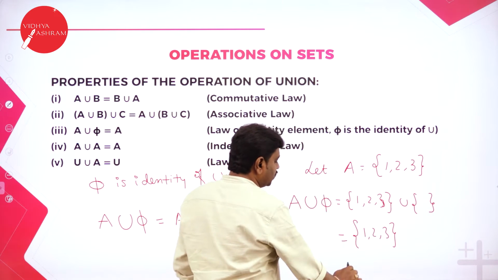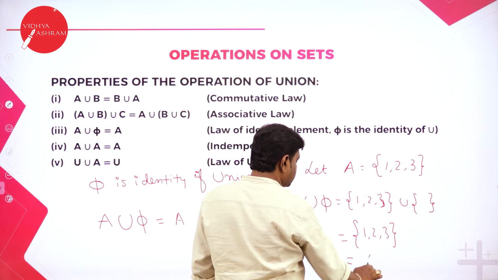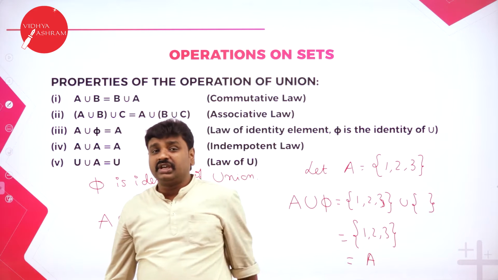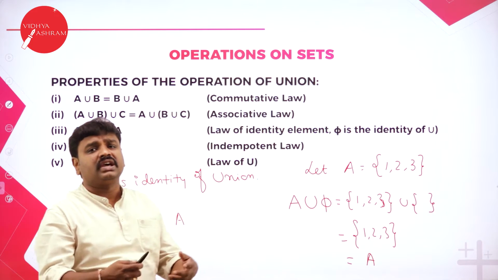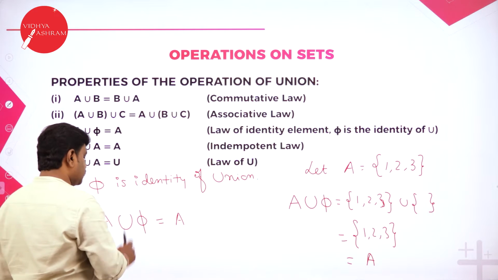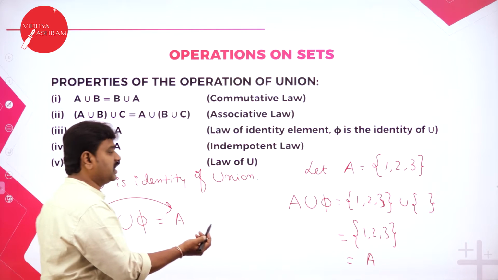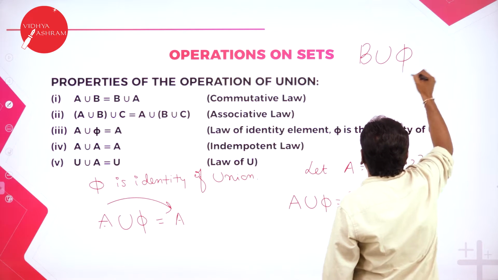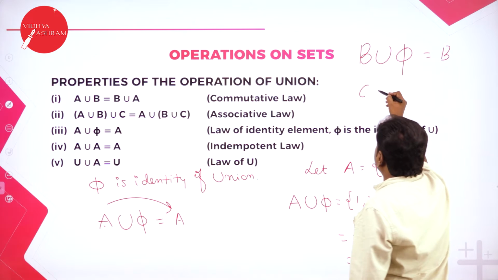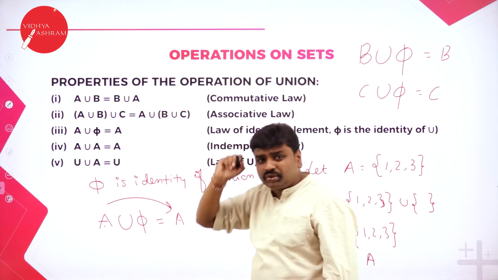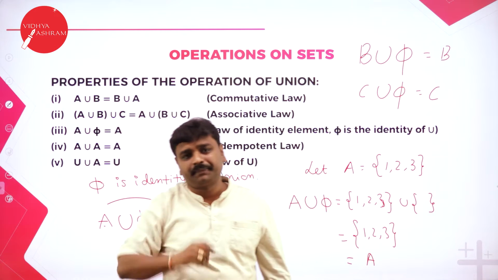So I'll leave it. Now I get A union psi equal to {1, 2, 3}, the given set. So remember, A union psi is A. So psi is called the identity element, because A union psi gives you A. Not only this, for any set, B union null set gives you B, or C union null set gives C. Any set union null set gives you the same set.